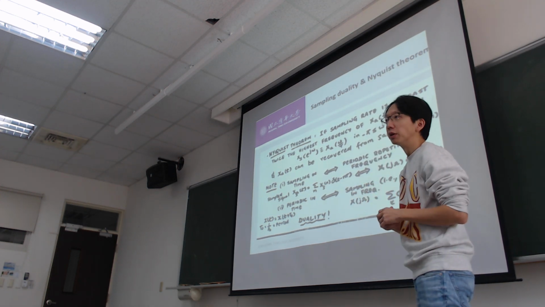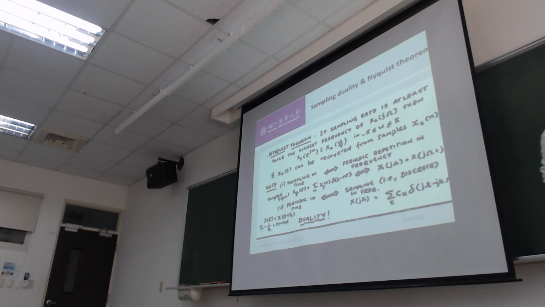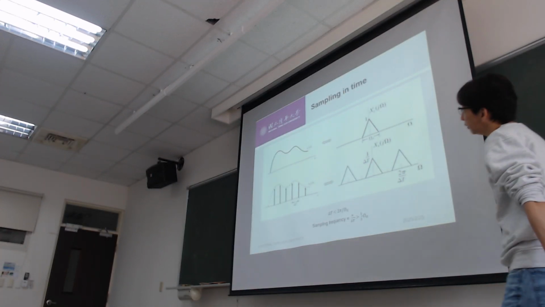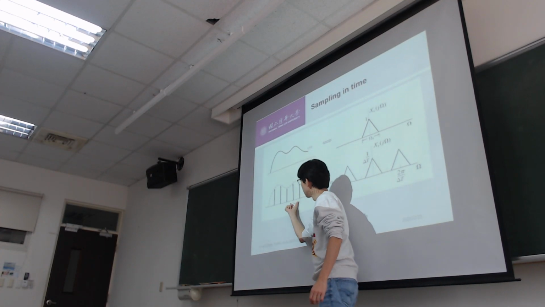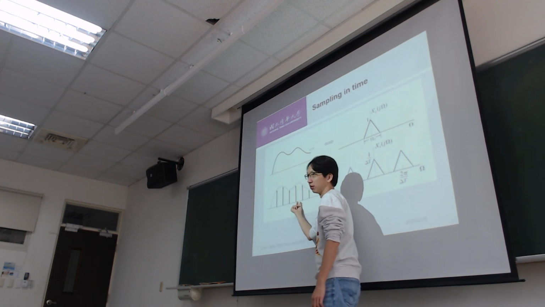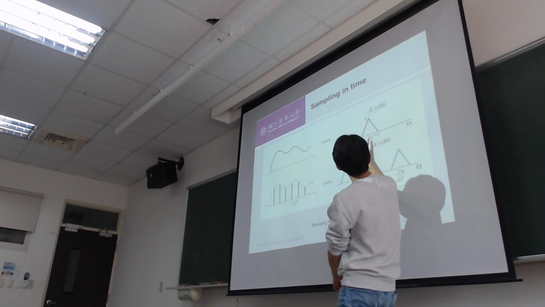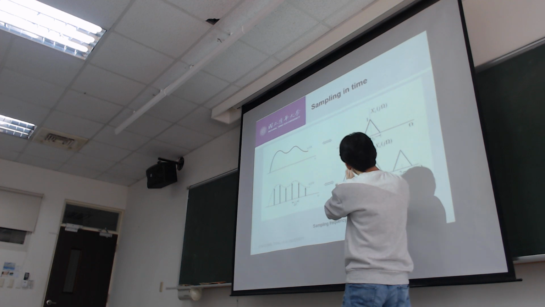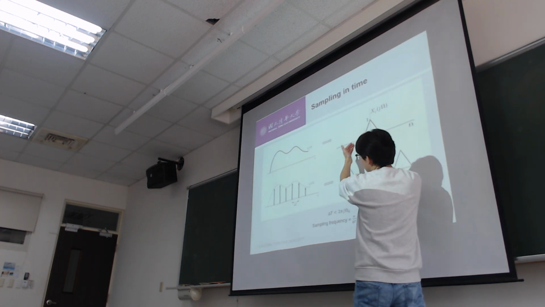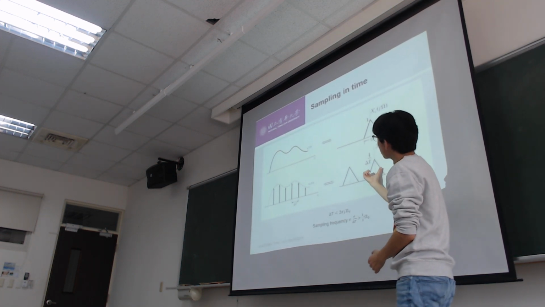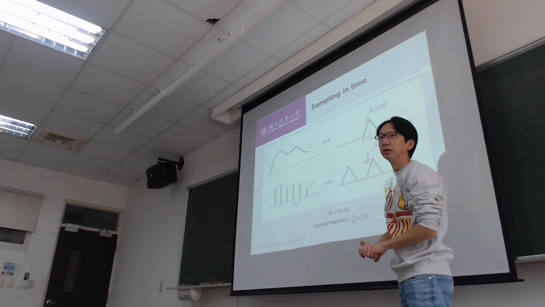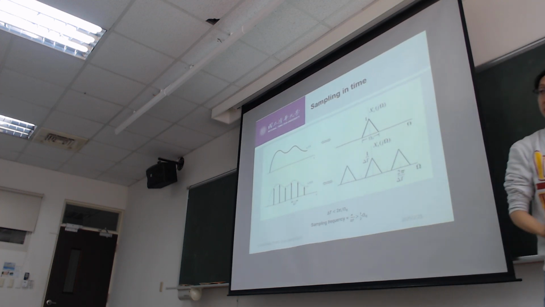Then you can fully recover your original signal. Pictorially, as long as the rate is at least twice the highest point here, then this point will move into here, this point will move into here, and you can easily reconstruct the original signal. That's the basic idea of the Nyquist theorem.